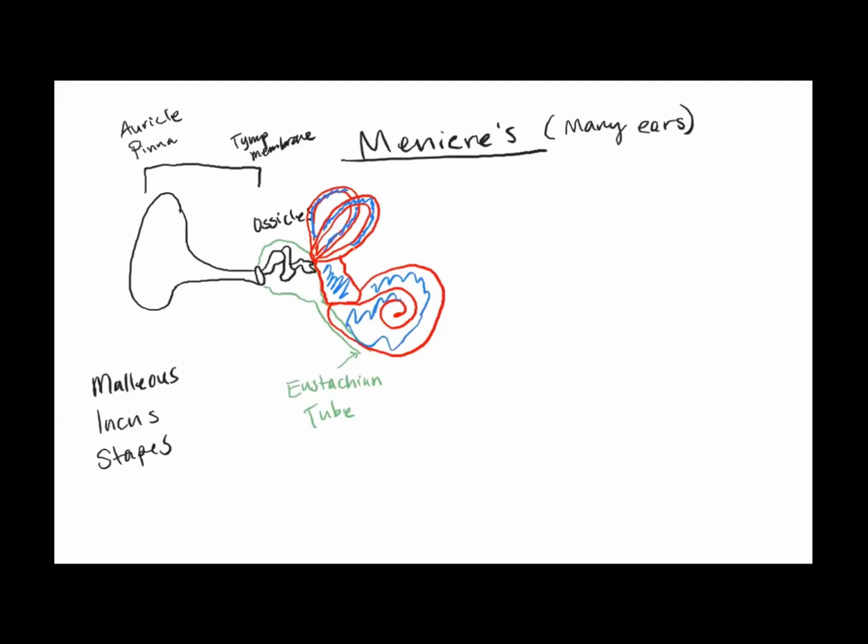Okay, so you have those three segments of the ear. It's broken up into three segments: the outer, the middle, including the eustachian tube, and the inner ear. We good? Yes. Meniere's disease develops or occurs when you have an excessive amount of fluid.